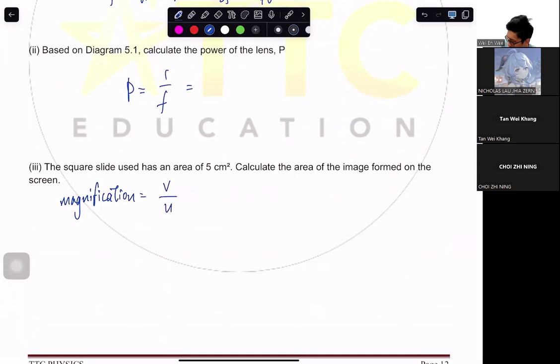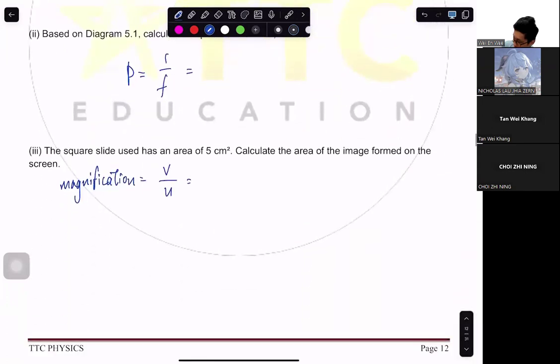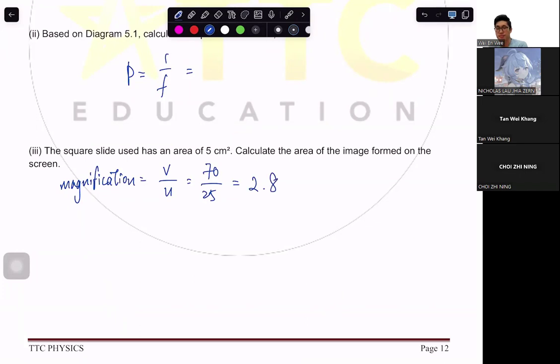We can use the image distance over the object distance, which is 70 divided by 25. How much is it? 2.8? Is it 2.8? Yeah, if you get a different answer, you let me know. 2.8 magnification.